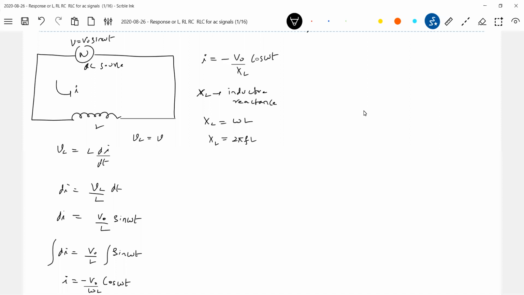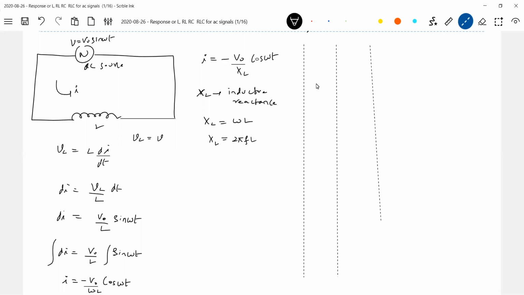Okay, let's see what the actual meaning of this is. So yesterday we plotted the graph, no? This is at any time t. I'll put a small graph. Like yesterday, we calculated power, everything, no?